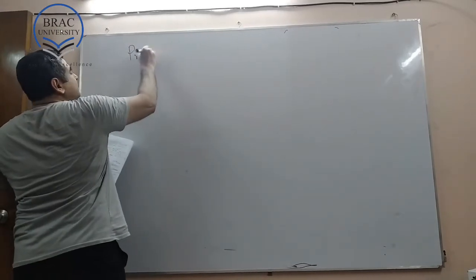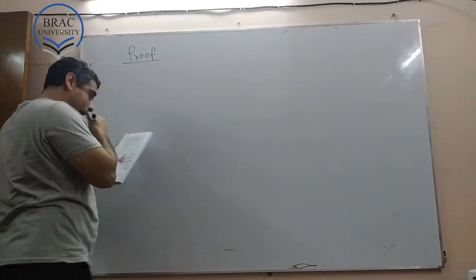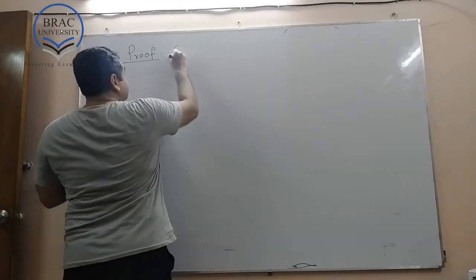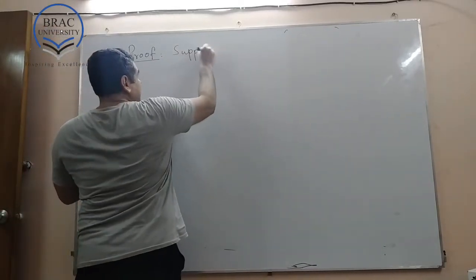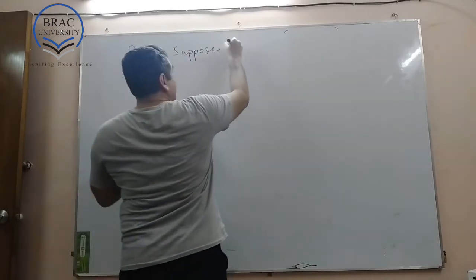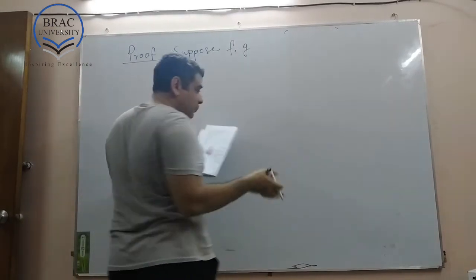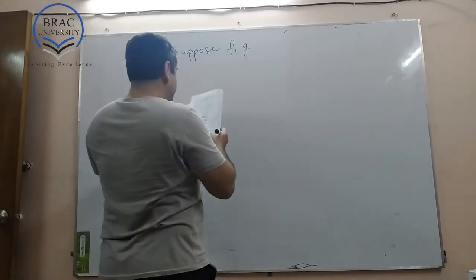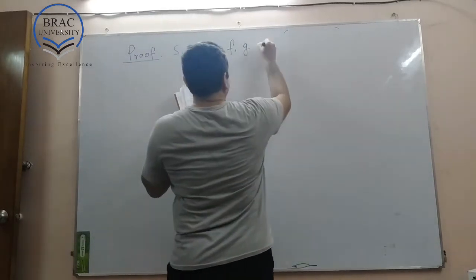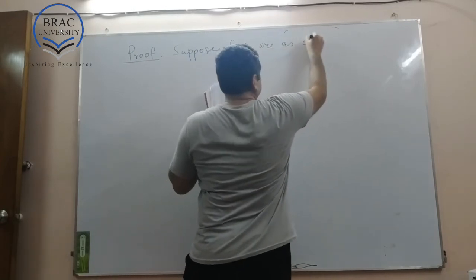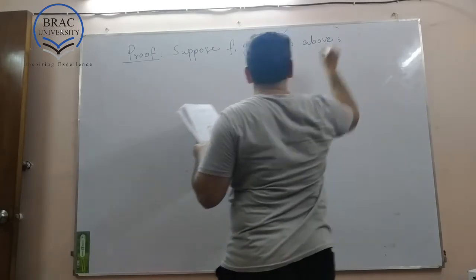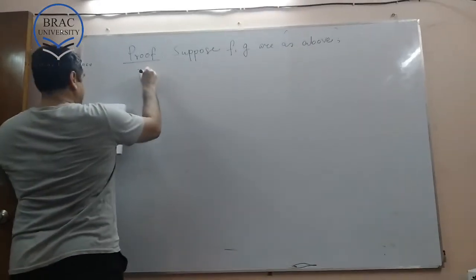Proof. Suppose f and g are as above, meaning the way they were given in the statement of the lemma.